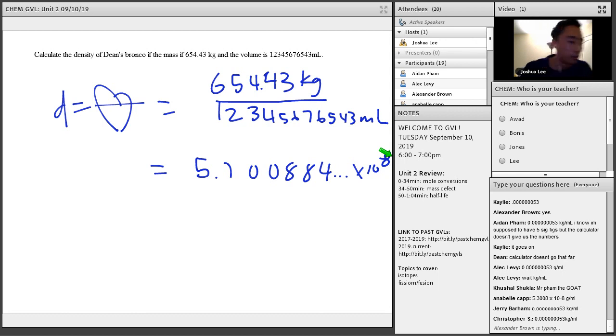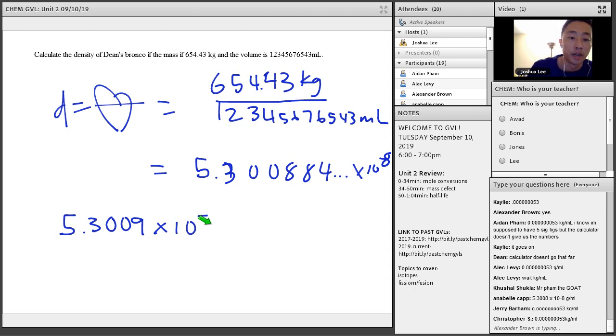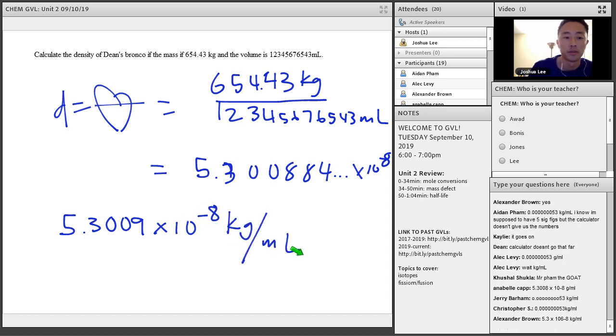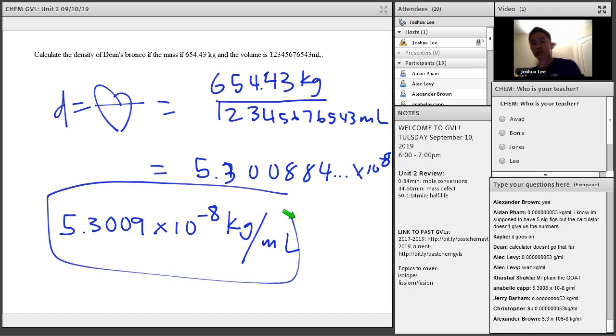And with the correct number of sig figs, it'd be 5.3009 times 10 to the negative 8th kilograms per milliliter. For those of you with calculators that didn't go all the way, yeah. Good, so that's a very easy density problem where you're just dividing those two numbers, then you're set.